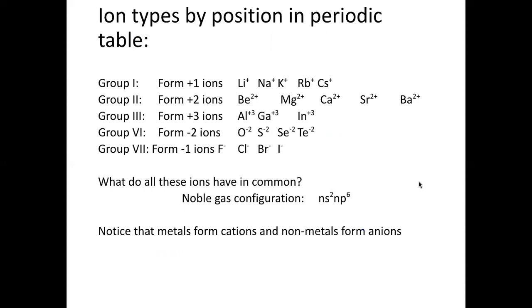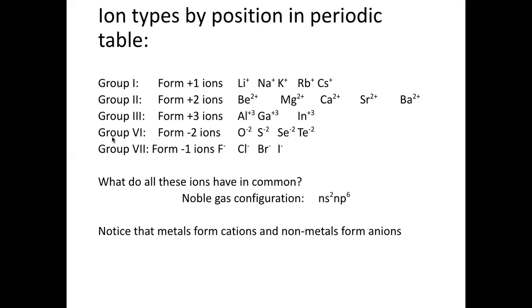So if we look at the periodic table, we can tell which ions are going to be made by their position in the periodic table. Groups are the columns on the periodic table, and group 1 forms these +1 ions. These are lithium, sodium, potassium. Group 2 forms +2 ions, so this is beryllium, magnesium, calcium. Group 3 forms +3 ions, so this is aluminum.